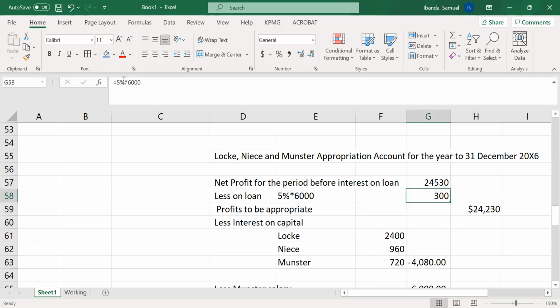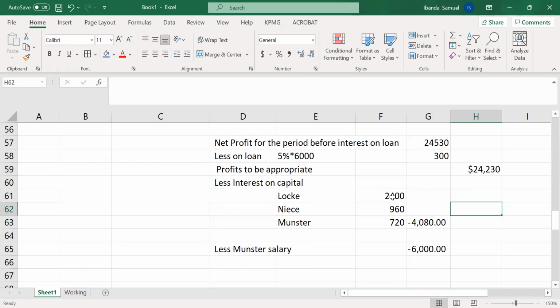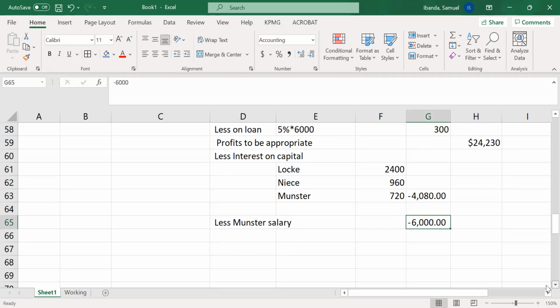This is negative. So we have our interest on loan, which we have gotten right there. We have less the salary. Now let's follow through our guideline again and see what we have to do next.